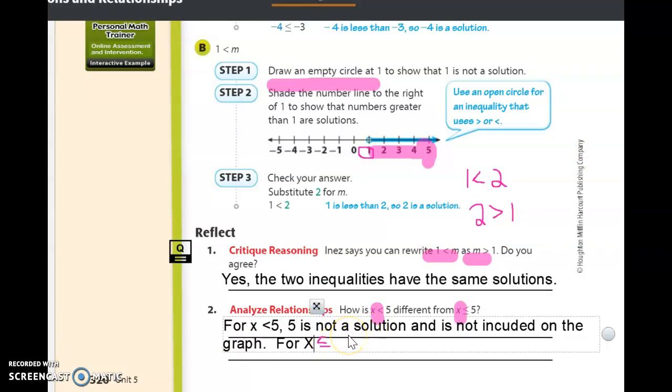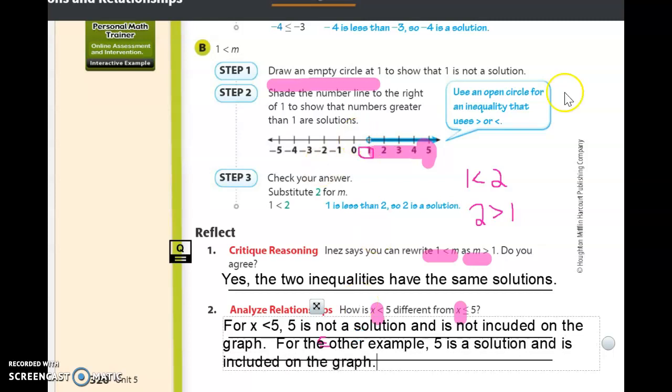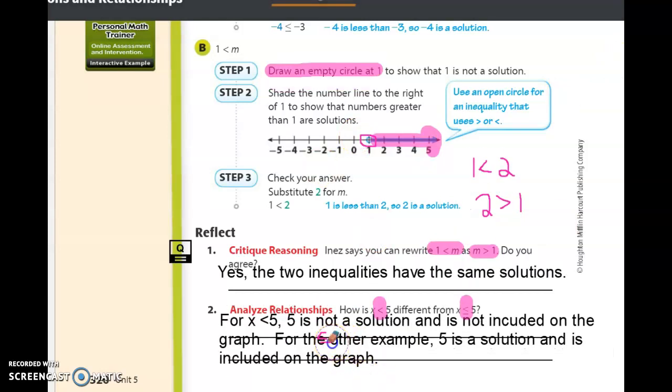There we go. I'll just say for the other example, 5 is a solution and is included on the graph. Sorry, I can't make that little symbol on my computer, but both of them.